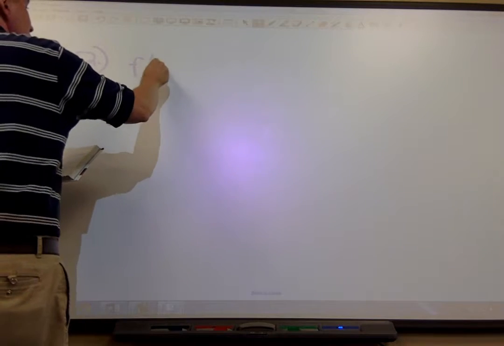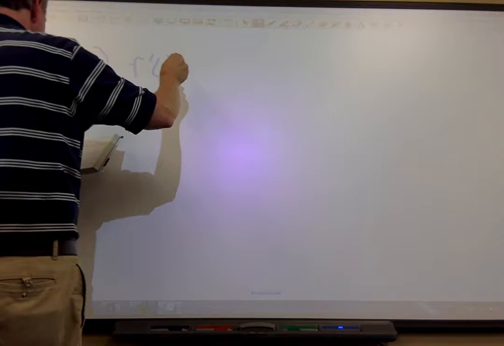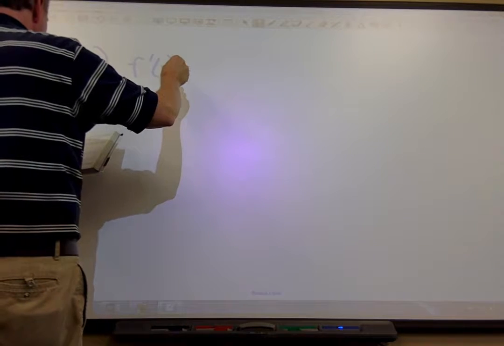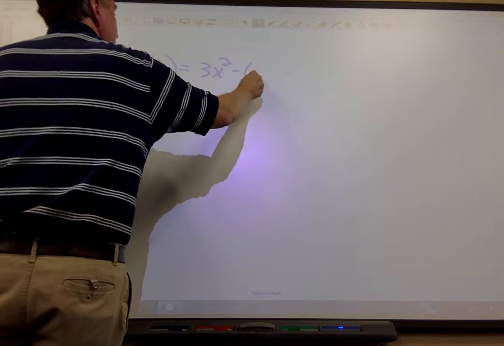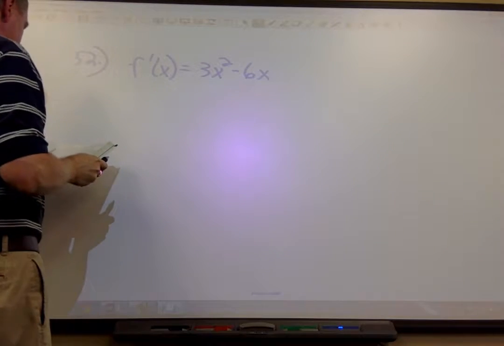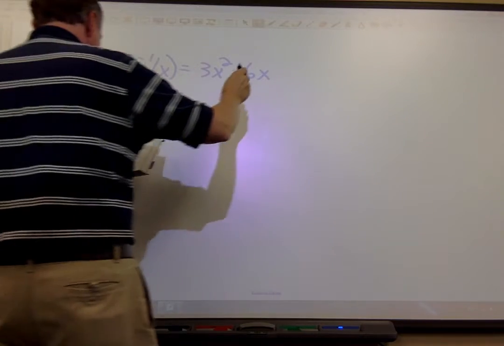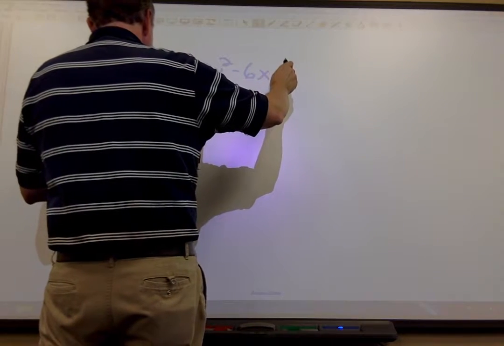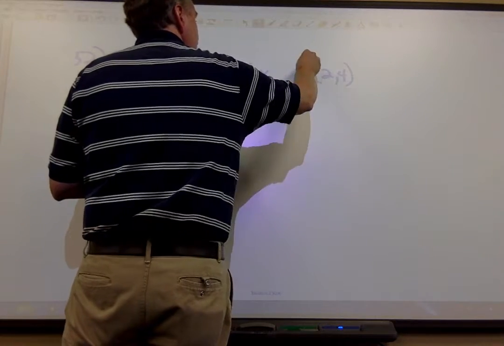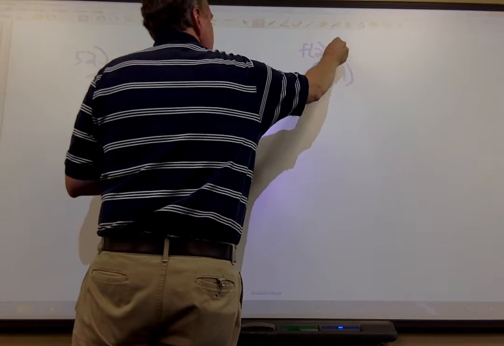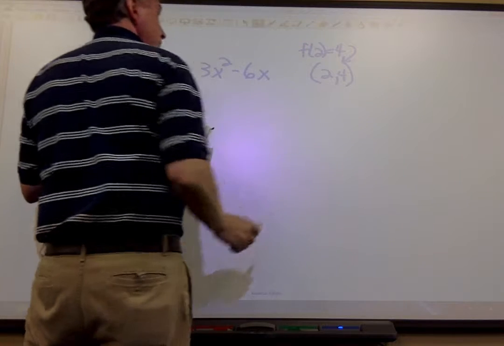They say f prime of x is 3x squared minus 6x. And they tell me that f of 2 equals 4. What's the ordered pair? F of 2 equals 4. 2, 4.